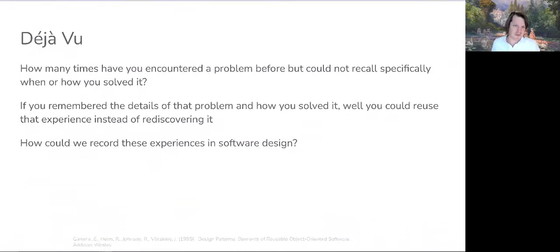So, deja vu. How many times have you encountered a problem before, but could not recall specifically when or how you solved it? If you remember the details of that problem and how you solved it the first time you encountered it, you could reuse that experience instead of trying to sit down and rediscover it. So the question here is, in software design, a lot of this is going to happen where we're encountered with a problem, we come up with a solution, and then maybe later on we encounter a similar problem.